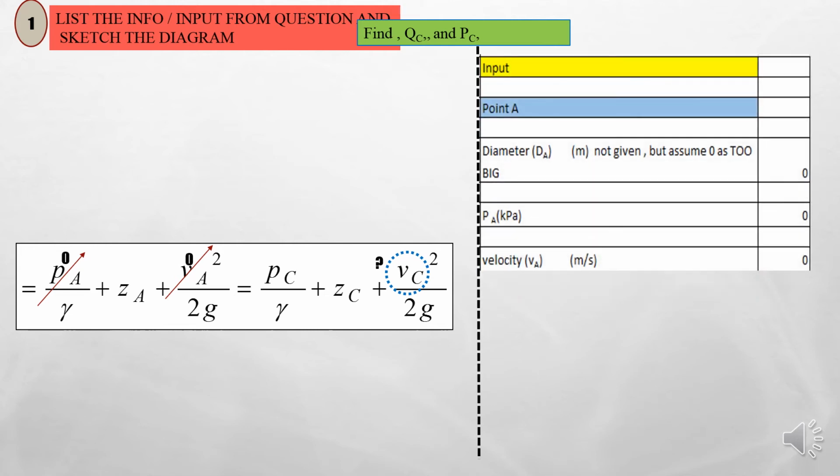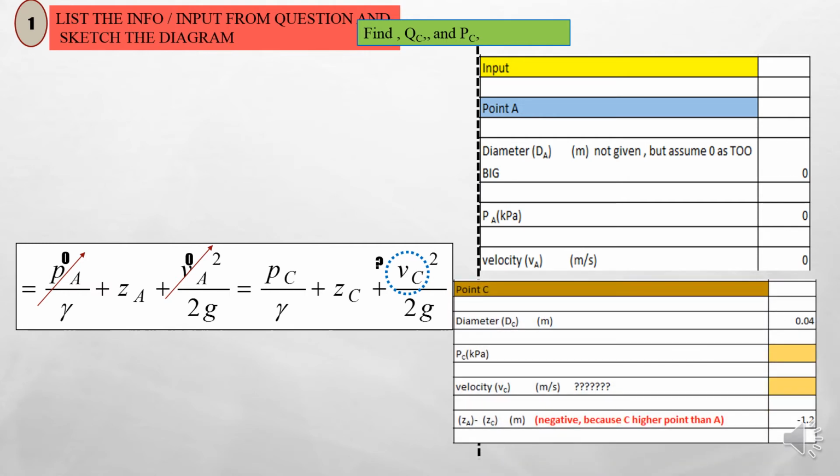This is the information from before: this is the input about point A, and this is the info about point C. As noted here, ZA minus ZC will be a negative value because C in this case is higher than A.